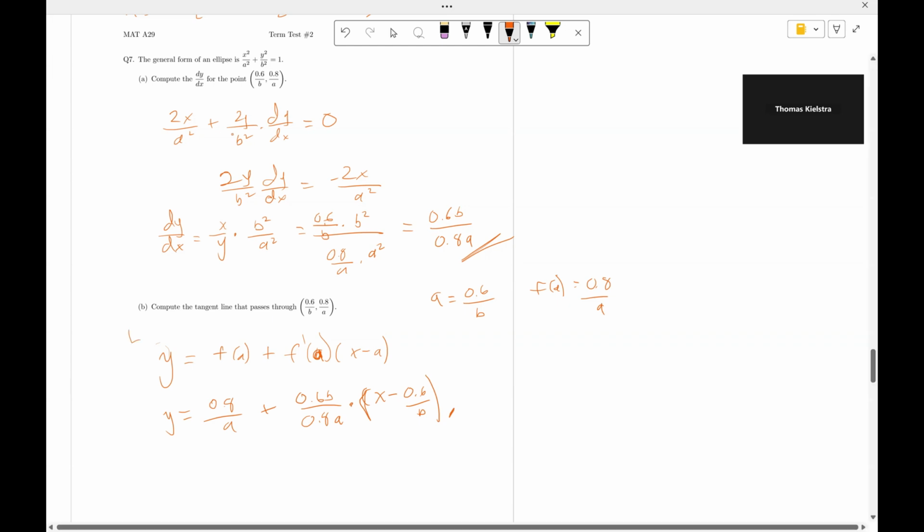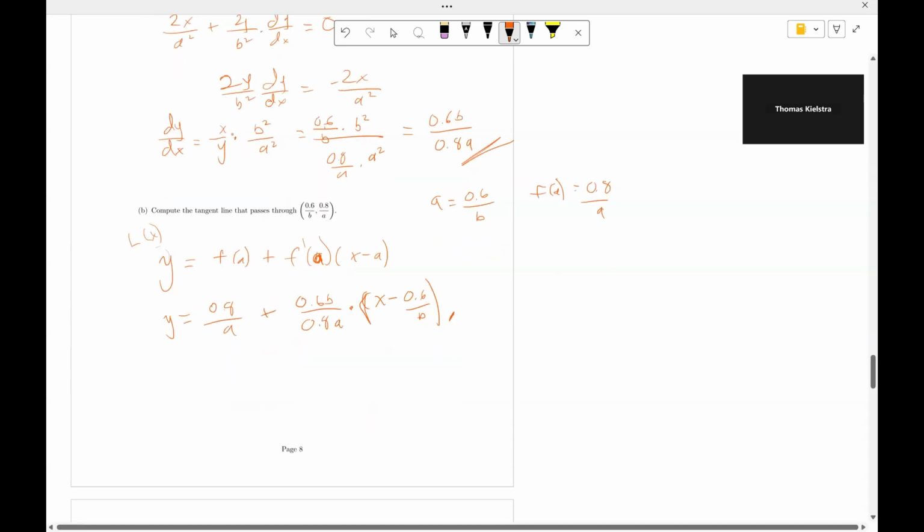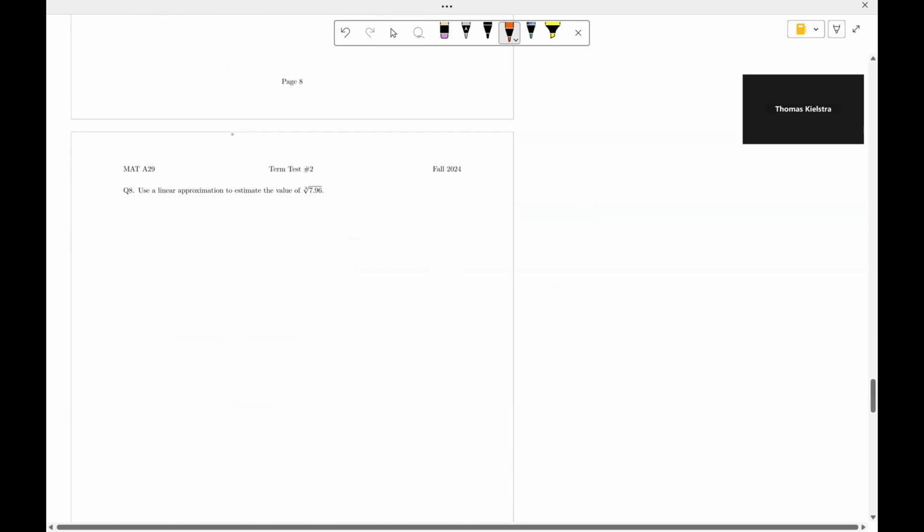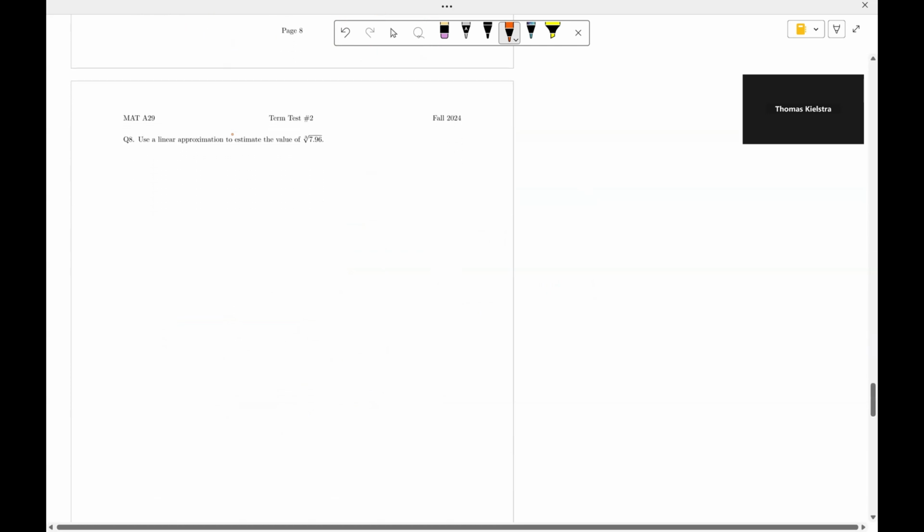which looks a lot like our L of x. In fact, it is, the linearization is the tangent line about the point. And this leads us great into our linear approximation of the values. Linear approximation L of x is equal to f of a plus f prime of a times x minus a.